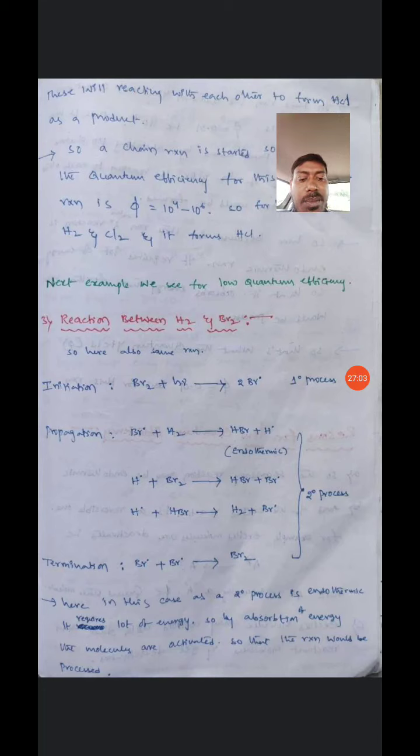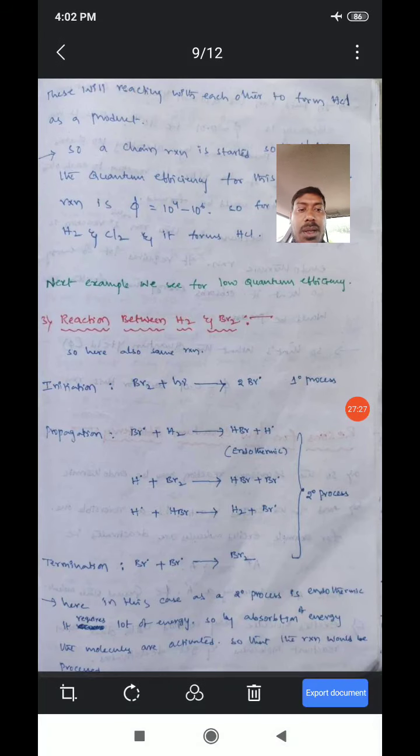This is an endothermic reaction, and the H radical reacts with Br2 and forms HBr plus Br radical, and the hydrogen radical reacts with HBr and forms H2 and Br radical. In the termination step, a Br radical reacts with another Br radical and forms Br2.